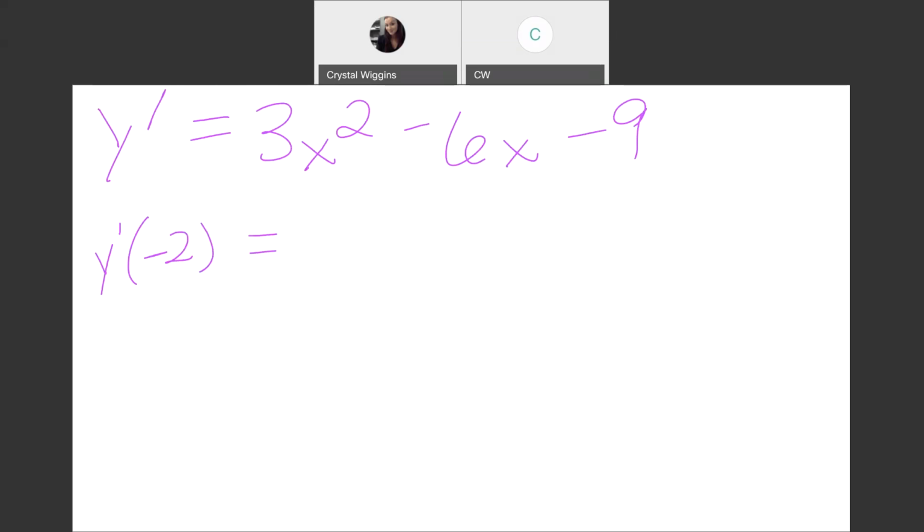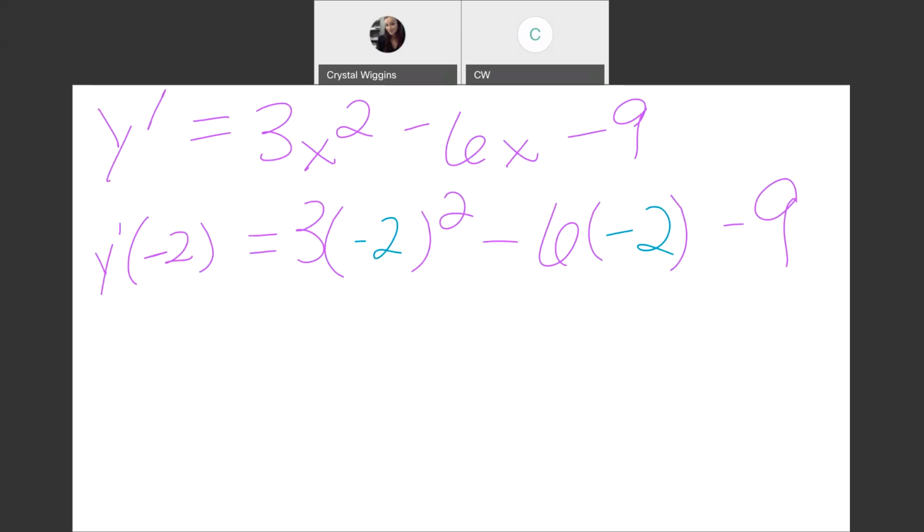So if we test the derivative at -2, it means put -2 in for x and see if the answer is positive or negative. So we don't really care what the number is, we just care what the sign is on the answer. So -2 squared is going to be positive, and that's going to be a positive 4. We have 3 times positive 4.